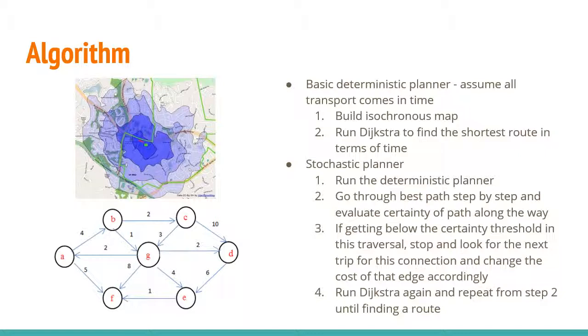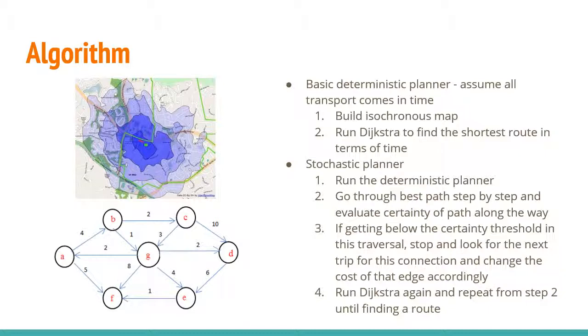The weight of an edge is computed as the difference between the arrival and departure times for the best connection found, plus the time that we have to wait to take that connection. After having built the map, the next step was running the Dijkstra algorithm to find the shortest route between the start and end stations in terms of time.